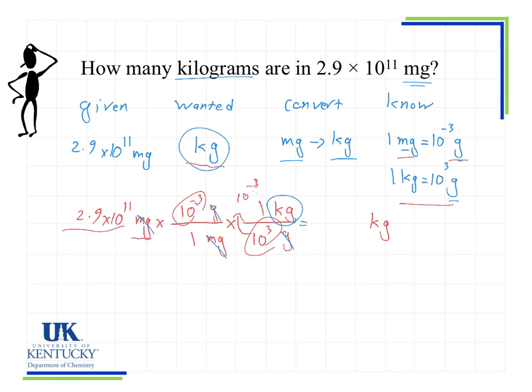So these two are 10 to negative 6, and this is 11, so you subtract it, so you have 5. So it's 2.9 times 10 to 5. Okay, these are conversions. You have 2 sig figs here, and you have 2 sig figs here, so you're good. So the answer is 2.9 times 10 to 5 kilogram.